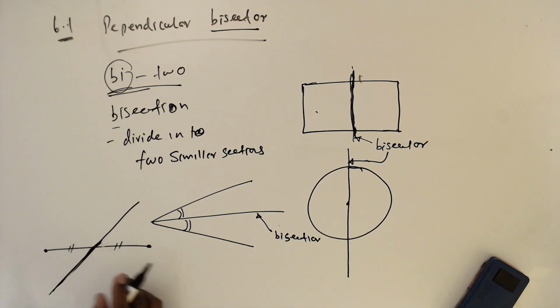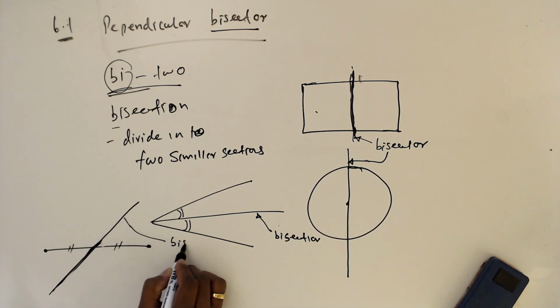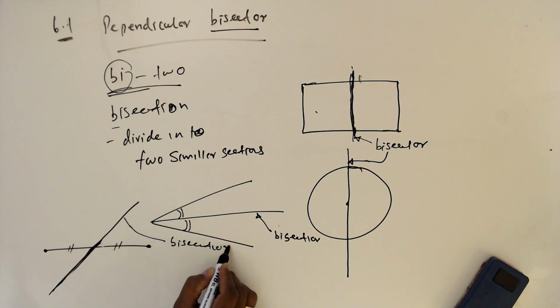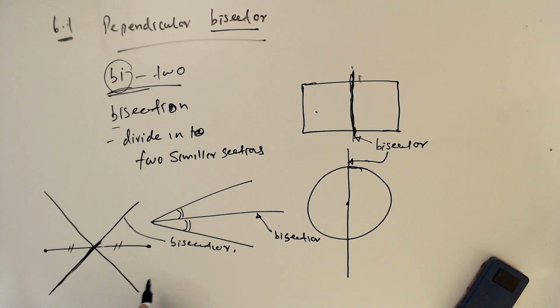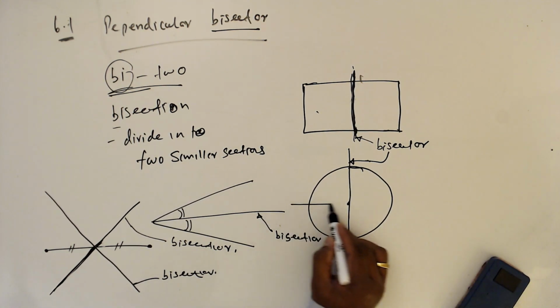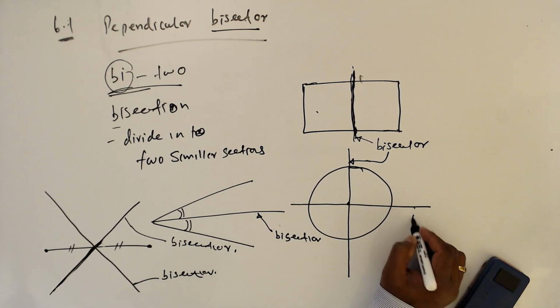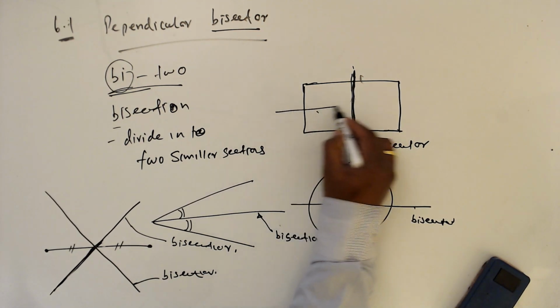So those pieces are similar. So this is a bisector. I can draw another bisector as well. This is also a bisector. This is another bisector. This is another bisector.